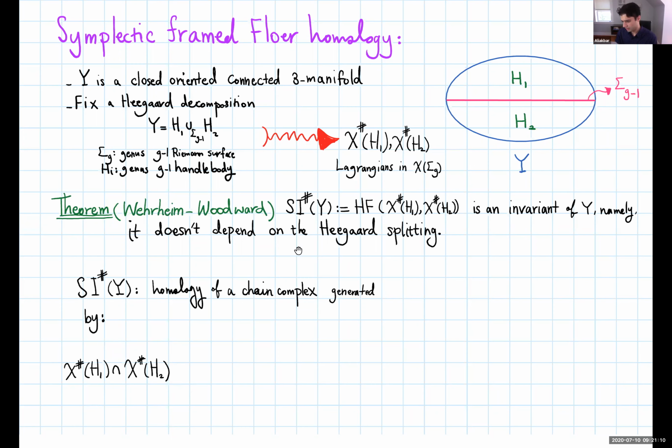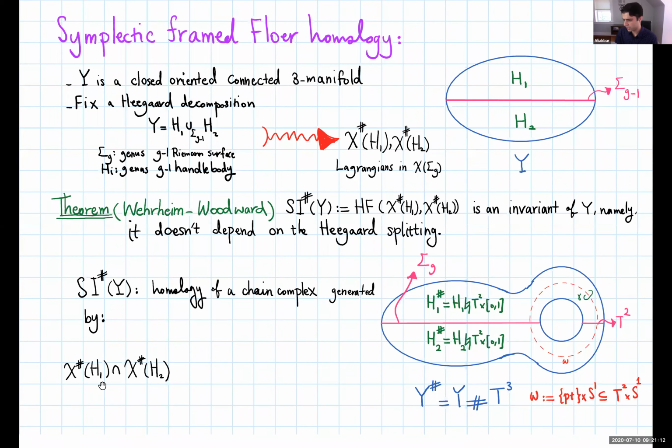And remember that to define chi sharp of H1, you take your handlebody H1 and take the boundary sum of it with I times T2. So it's the top part of this picture. And then there is a path which goes between the two boundary components. You would do something similar for H2: you take the boundary sum of H2 with an interval times T2. That would give you the bottom part of the picture.